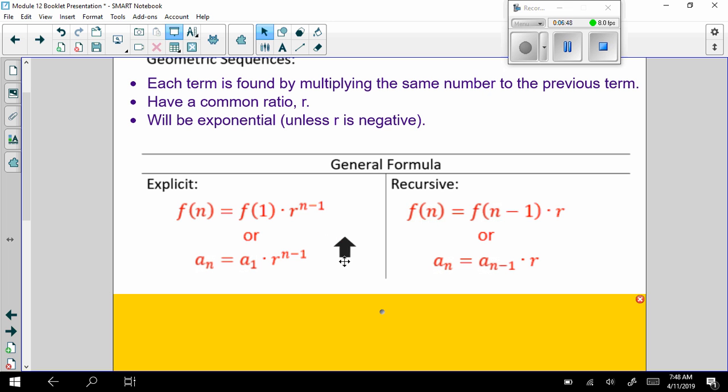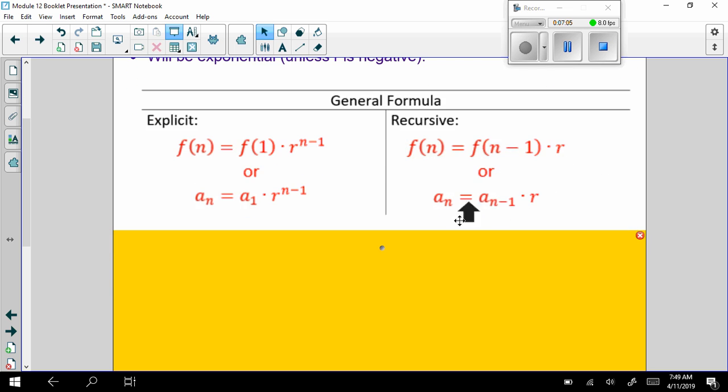That's what makes it exponential. So a sub n equals a sub 1 times r to the n minus 1. Now our recursive, our nth term is equal to the term before times r. Remember, we're multiplying by r to get to the next term, so that's why that works that way. Using our subscript notation, a sub n equals a sub n minus 1 times r.